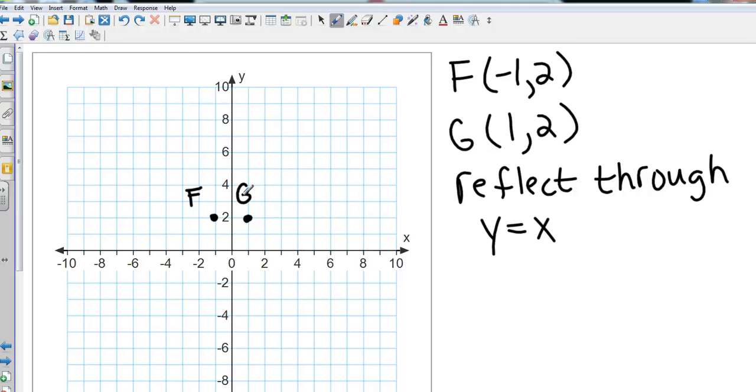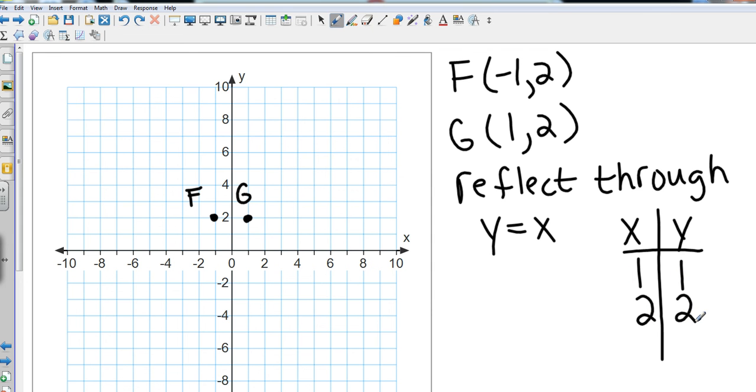Now that's a very common line, and it is just what it is. If I made a little t chart here, and if x is 1, y is 1, x is 2, y is 2, because y equals x wherever we go, we could also throw 0, 0 in there. So that line is going to look like this.